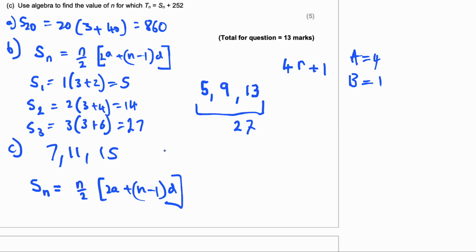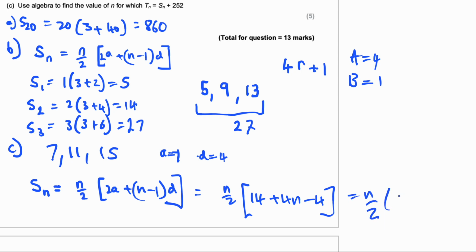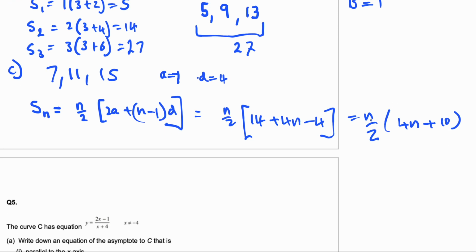And you know that a is 7 and d equals 4. So that's going to be n over 2. So 2 times 7 is 14 plus 4n minus 4. So that's going to be n over 2 times 4n plus 10. We can divide by 2, and that's going to give you n times 2n plus 5.